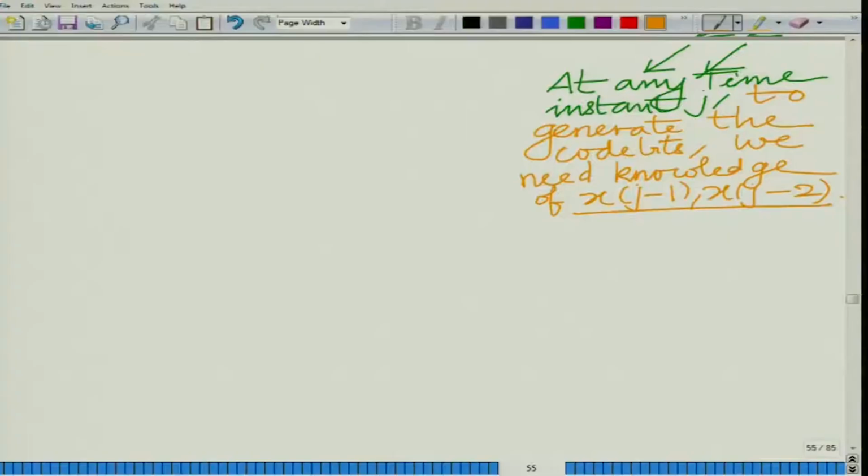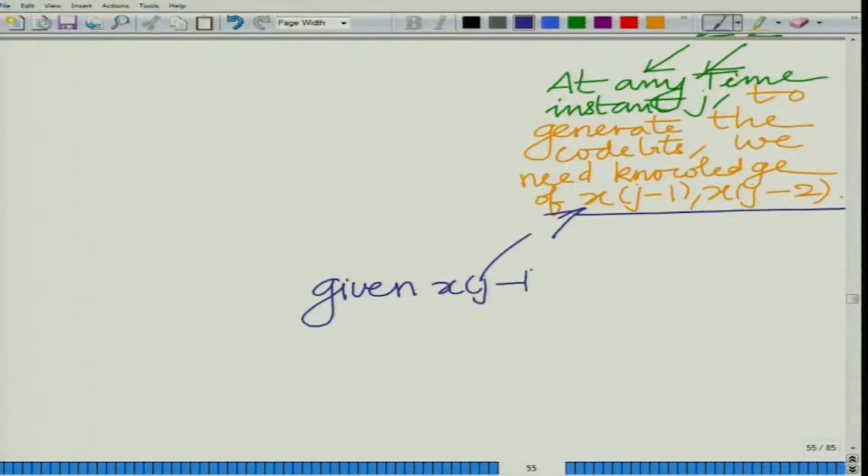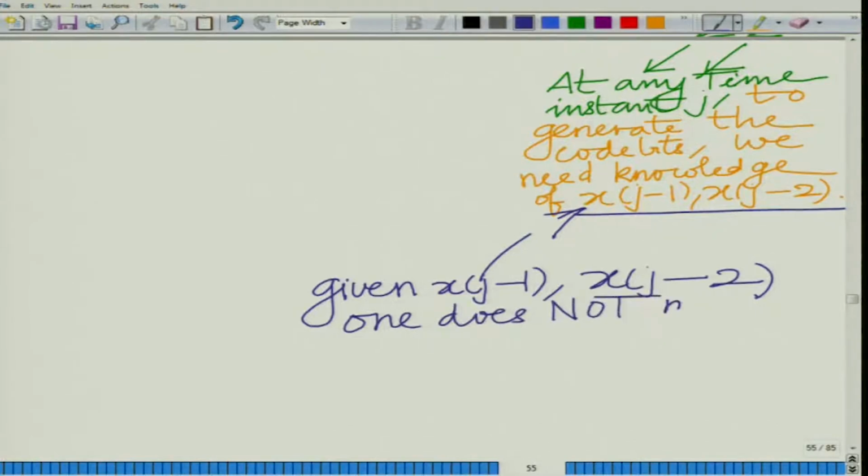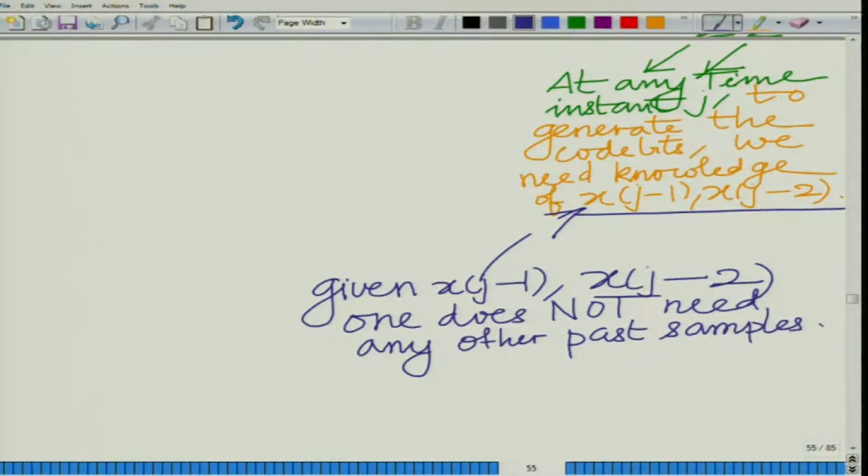Given xj minus 1 and xj minus 2, one does not need any other past samples.